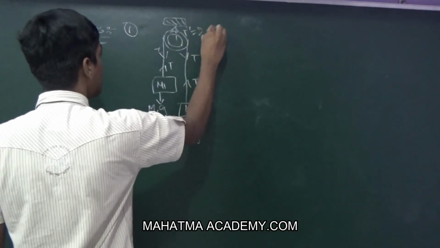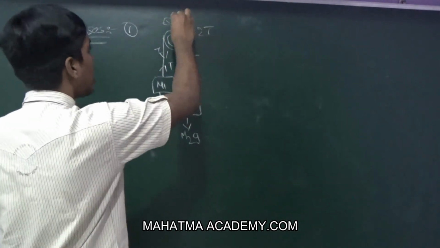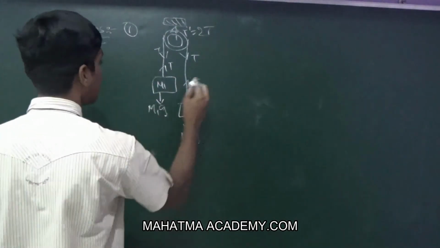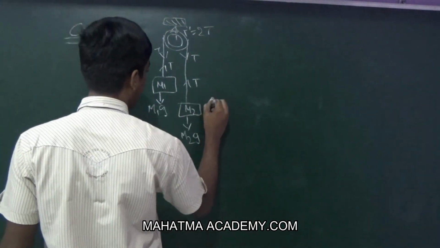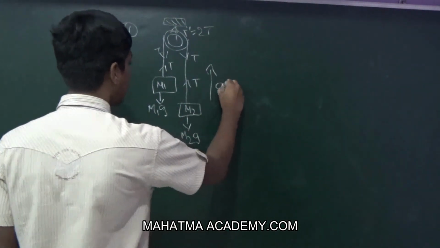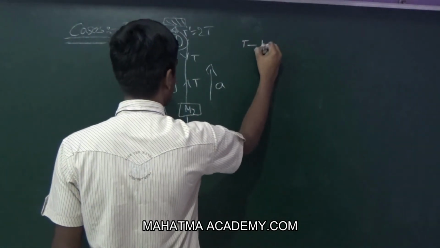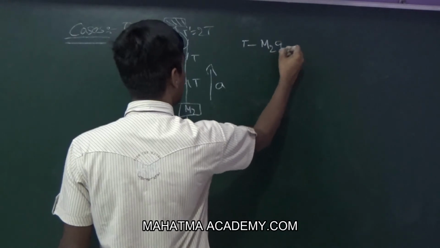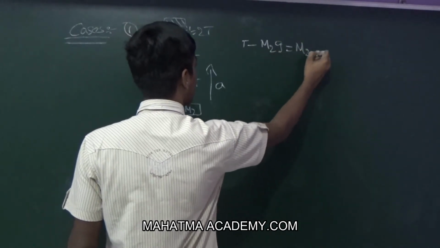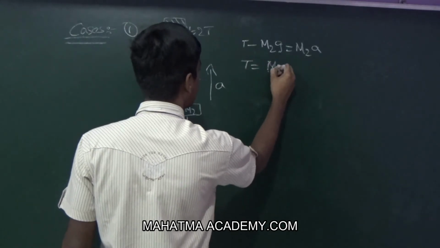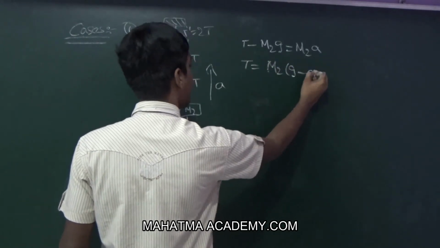T dash is equal to 2T. It is the tension at the pulley. First we will see the acceleration. It is going upward. We will see T minus M2G is equal to M2A. So T is equal to M2 into G plus A.